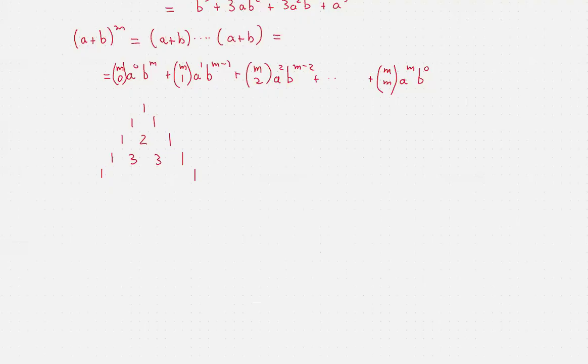So 1 plus 3 is 4, 3 plus 3 is 6, 3 plus 1 is 4, I meant. Let's do one more. First one, last one, and then you will have a 10 here, and you will have a 5 here, and so on and so forth.